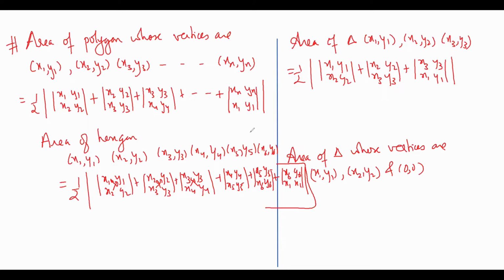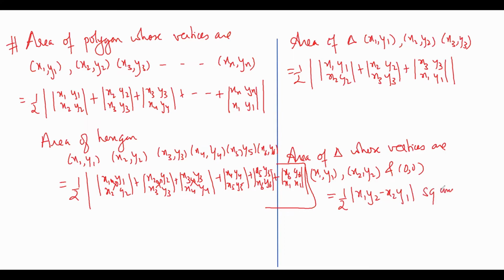But whenever one of the vertices of the triangle is the origin and these are the two vertices, then simply put half mod of x1 y2 minus x2 y1.